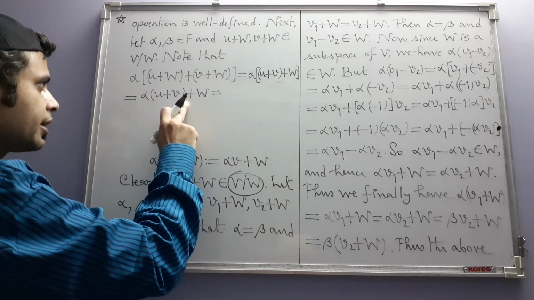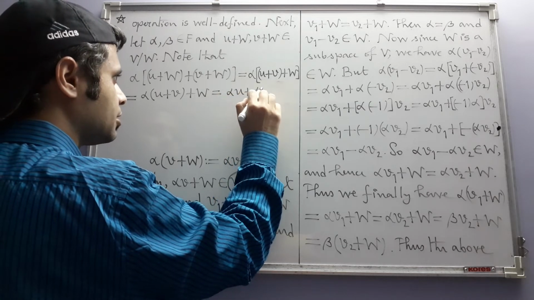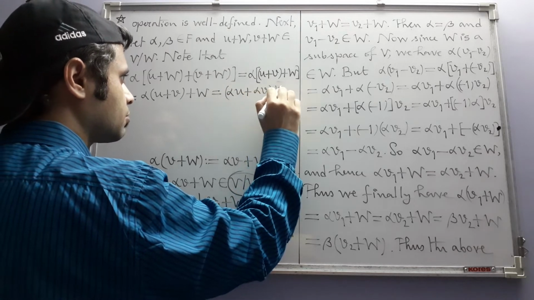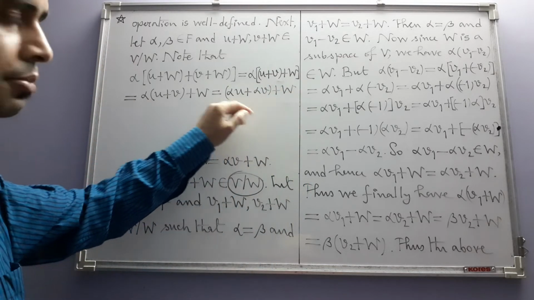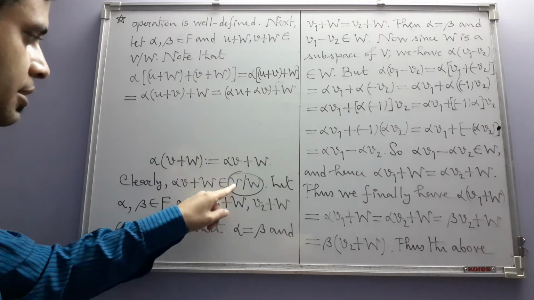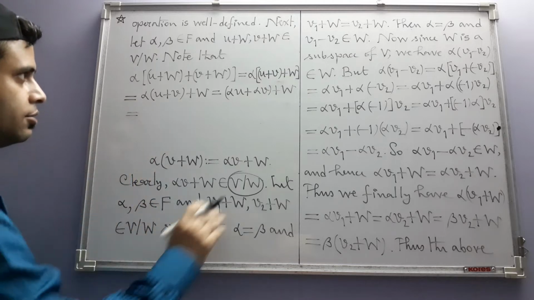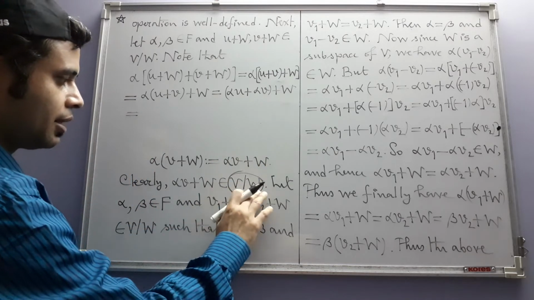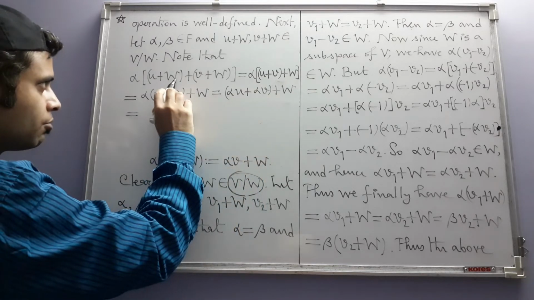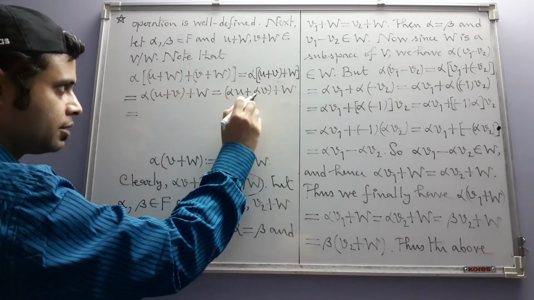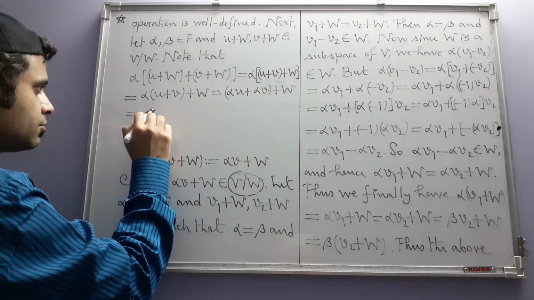So this part can be written as alpha u plus alpha v plus w, and that is coming from axiom 1 in the vector space capital V. Again, you use the binary operation we have here in V by W in that group. According to that operation, whatever plus we have done here, we are going to do the opposite. This is the sum of these two cosets.